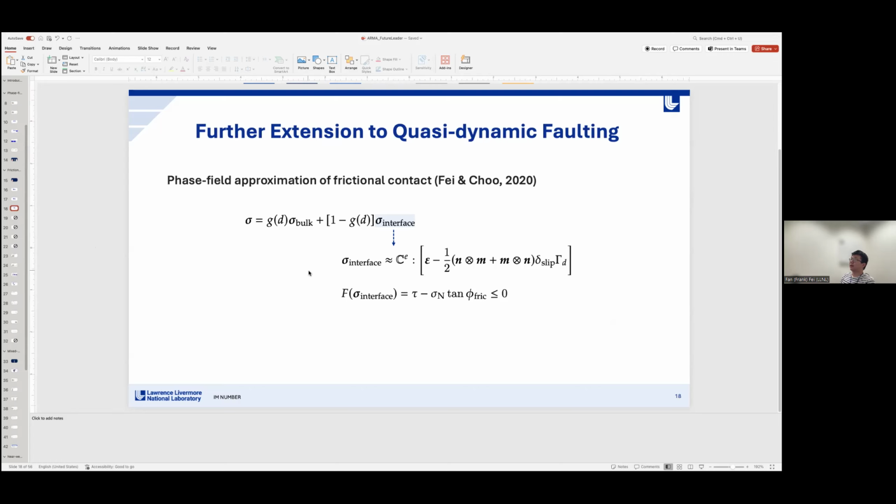But we can design special treatment of the elastic stiffness tensor to fulfill our expectation. Okay, thank you.